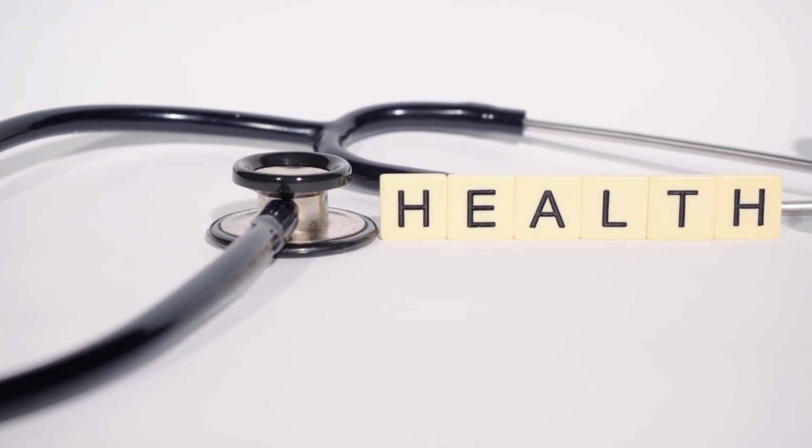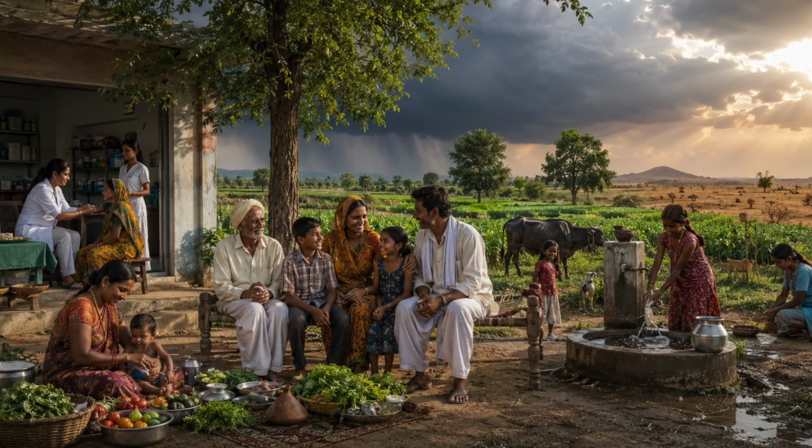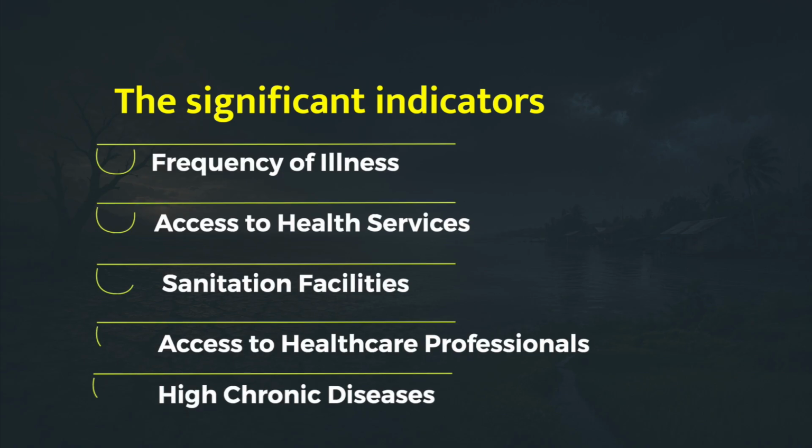Let me explain to you the next aspect, that is health. Health is one of the essential aspects of human well-being and a significant measure of vulnerability. The significant indicators of the health aspect are frequency of illness, access to health services, sanitation facilities, access to health care professionals, chronic diseases.